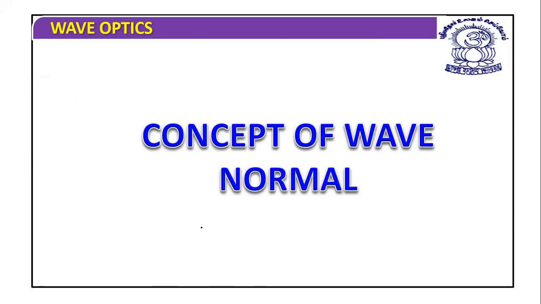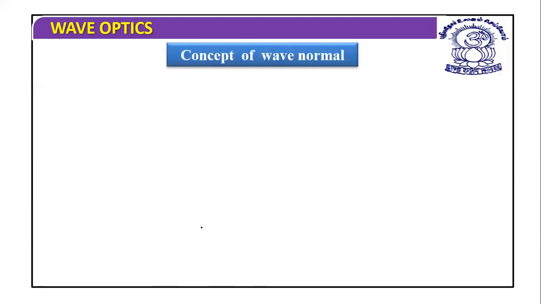Now let us understand the concept of wave normal. As the name suggests, it is the perpendicular drawn at any point to the surface of wavefront, which shows the direction of propagation of light. So if this is the point source, surrounding it there is a wavefront.